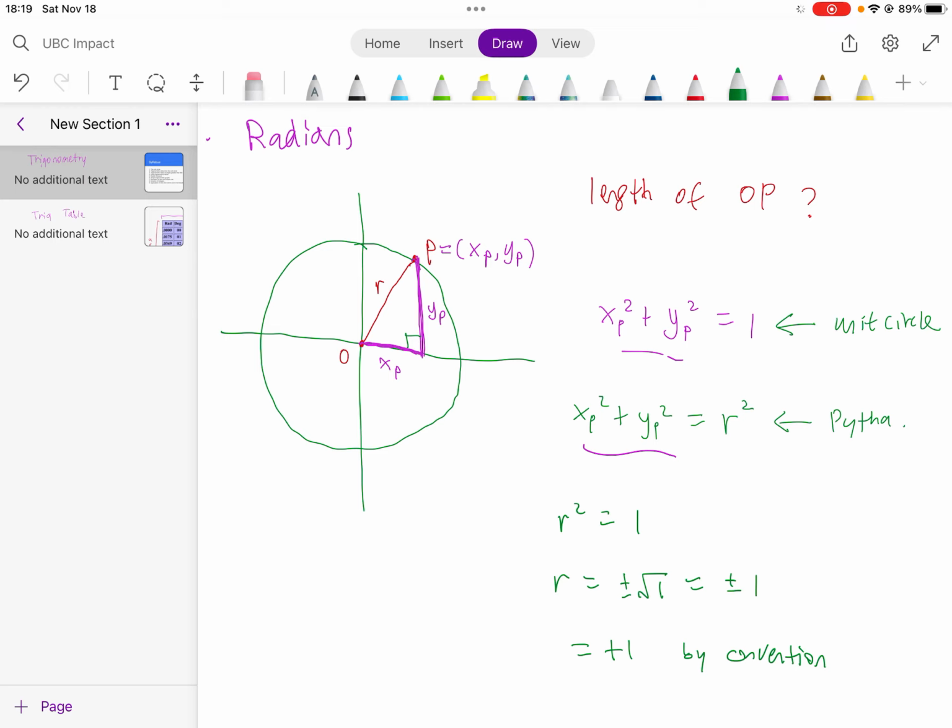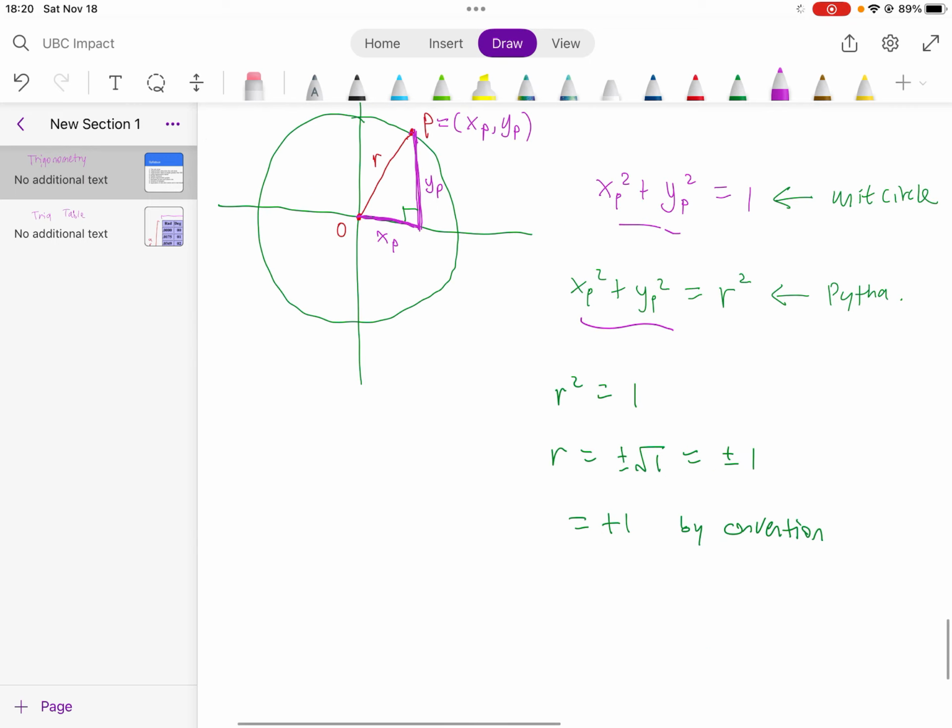In this case, we choose positive 1, which means R is equal to 1. And notice that we didn't even talk about what this angle is or what the points are. I just gave it an arbitrary point, and even though the point is completely arbitrary, we can show that R is 1. So in fact, this works for anything. The distance from the origin to any point on the unit circle is always equal to 1.